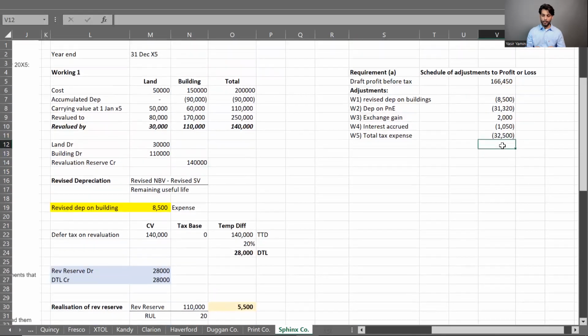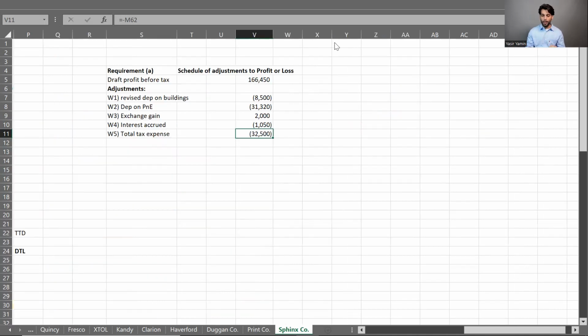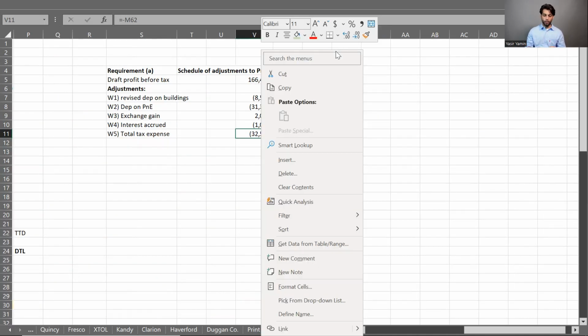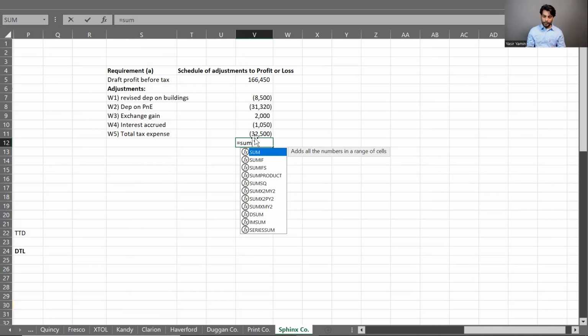Now I want to total it. If you want to total this number, I would prefer that you first put up a bottom border, so that your examiner knows that you are going to total something here. And then you put up the formula: is equal to SUM to add, bracket open, and then select all the relevant cells that you want to add.